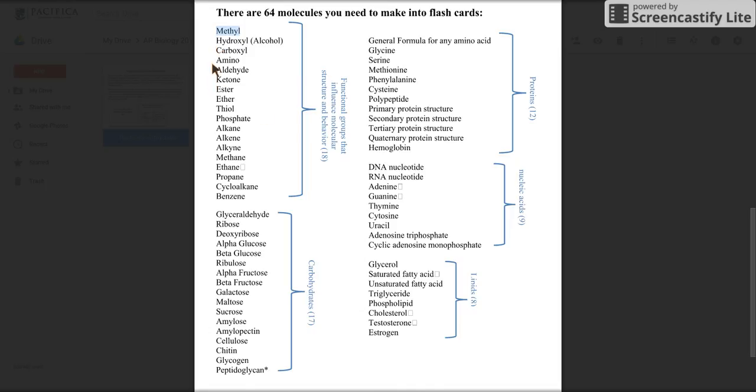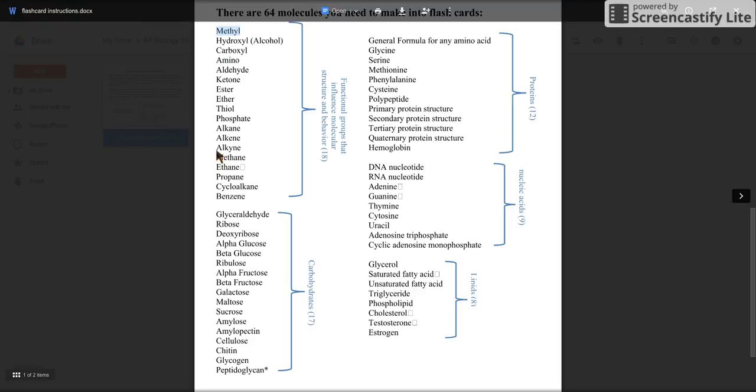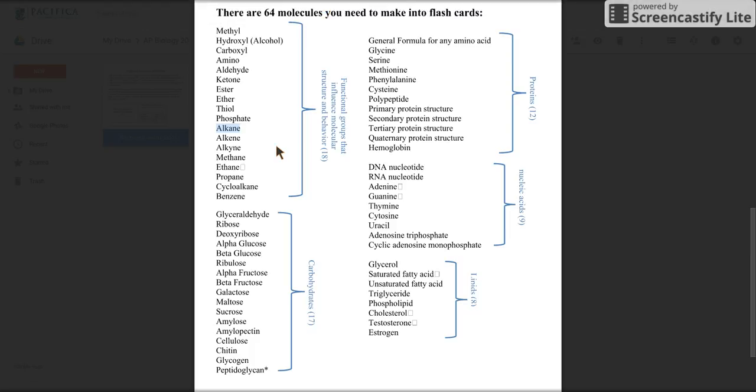So, for example, you have to give me the general structure of an alkane, or an alkane is a word that just describes this type of molecule. And here are some specific alkanes. Methane is a type of alkane, so is ethane, and so is propane.